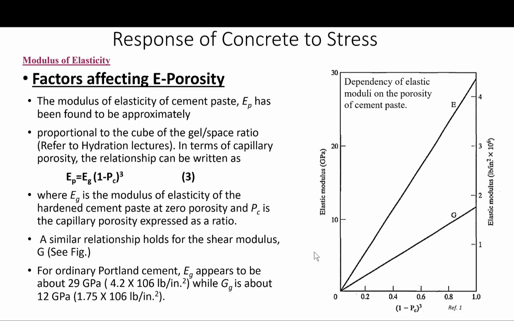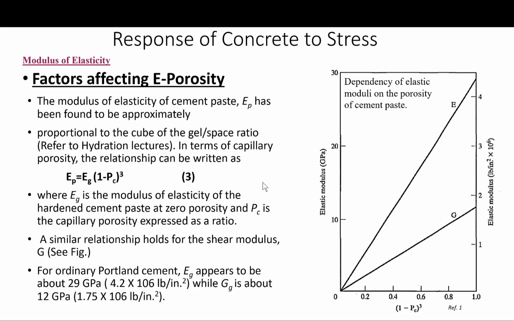The modulus of elasticity of cement paste, denoted as E sub P, as you can see in this equation, has been found to be approximately proportional to the cube of the gel to space ratio. If you refer back to the hydration lectures for more on this subject.